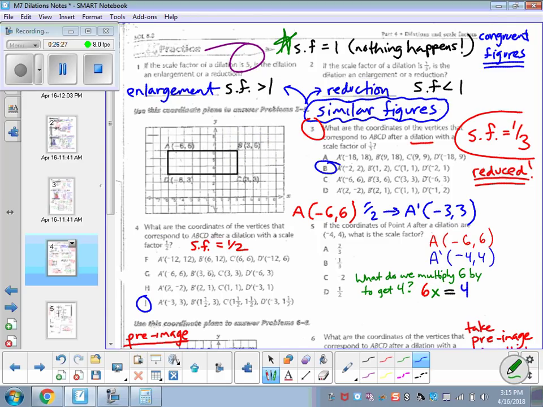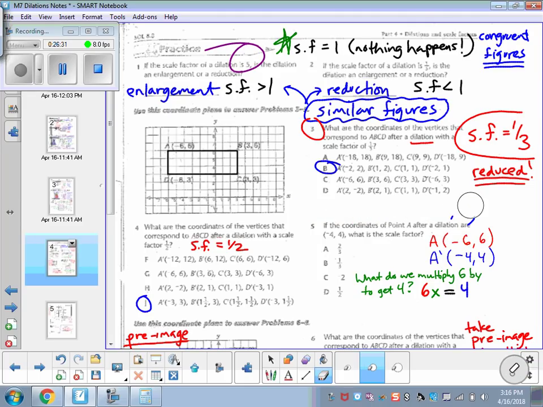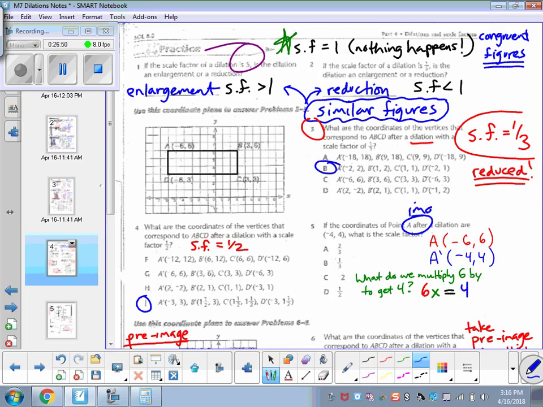Okay? So for question 5, what it's asking, if the coordinates of point A after a dilation are negative 4, 4. So I'm going to read that one more time. The coordinates of point A after a dilation. After a dilation is the image, y'all.